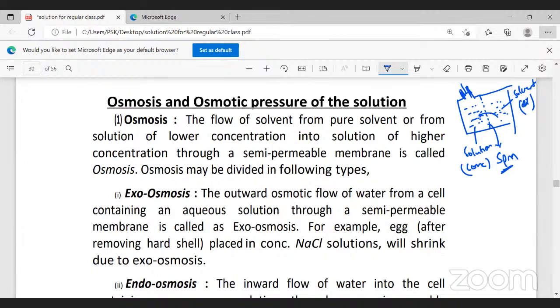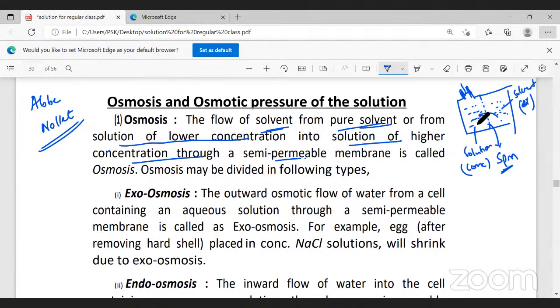This osmosis was first observed by a scientist named Abbe Nollet. The scientist who observed osmosis first was Abbe Nollet. What is osmosis? The flow of solvent from pure solvent or from a solution of lower concentration into a solution of higher concentration through a semi-permeable membrane is called osmosis.